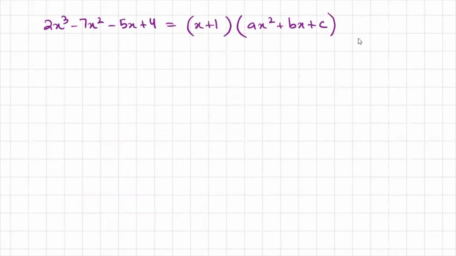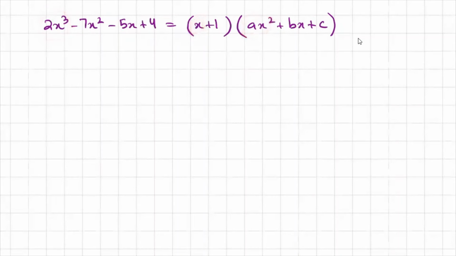There are two options. Either you can expand it and compare the coefficients, or you can make your life a little bit easier. So I'm going to find the value of A and of C. Multiply this, and you need to get this in place of it.